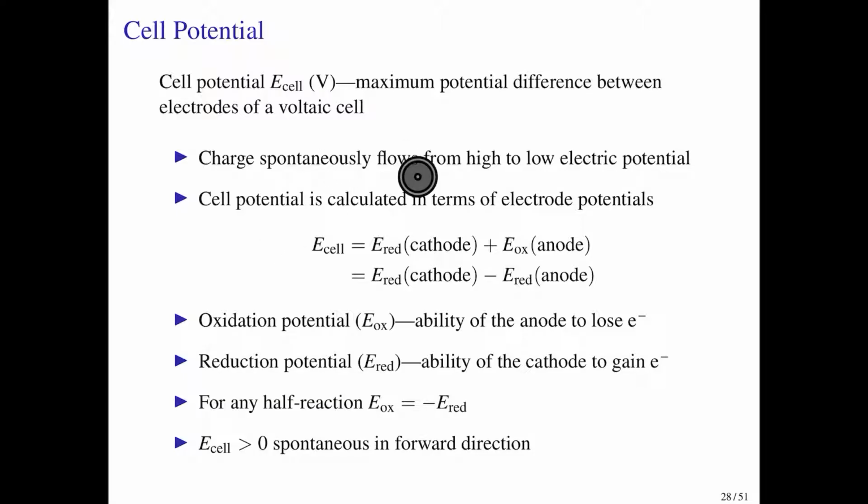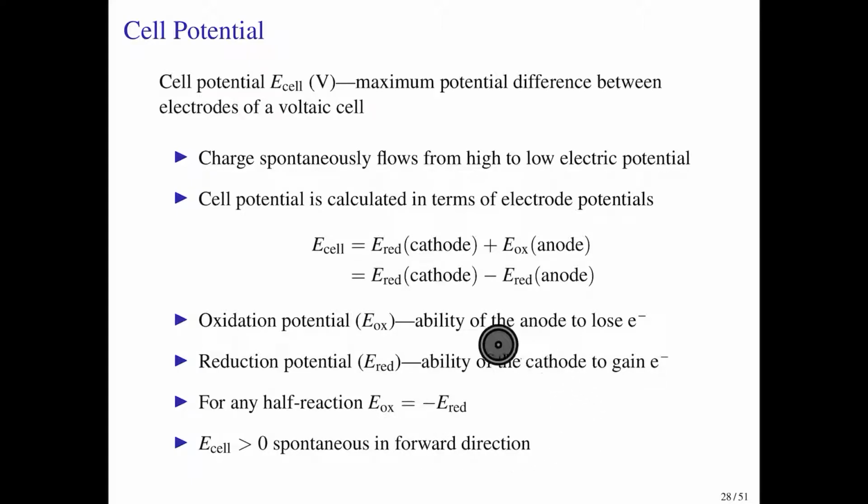Now, it turns out that the oxidation potential is equal and opposite to the reduction potential. When you use an electrochemical table to look up electrode potentials, you're not going to find the oxidation potential listed for any particular anodes.